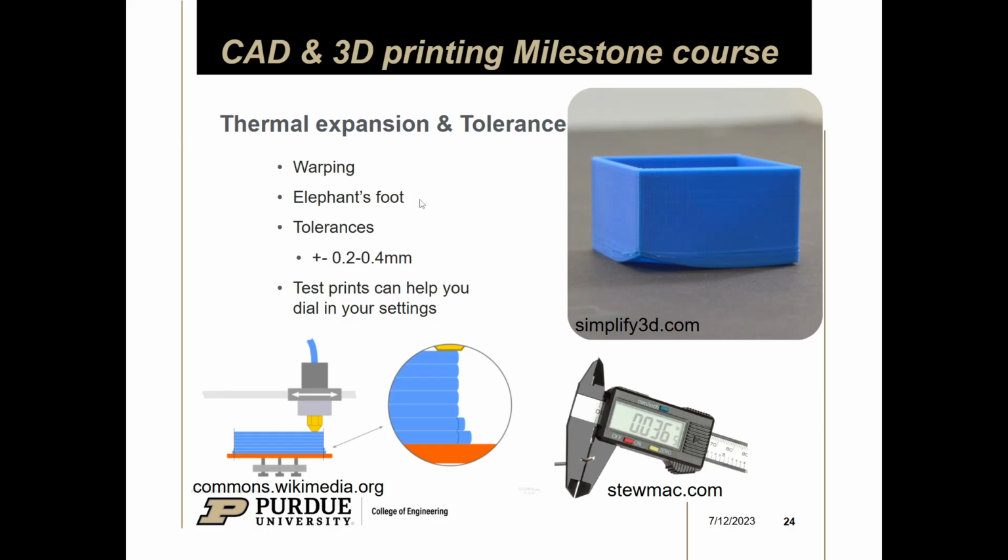The other thing to keep in mind is elephant's foot is a thing when it comes to 3D printing. Basically, again, 3D printers aren't extremely precise. They're pretty precise, but sometimes the first layer of a print can be squished a little bit more than others, right?